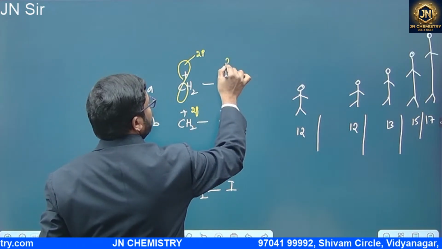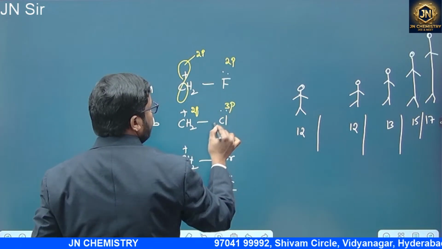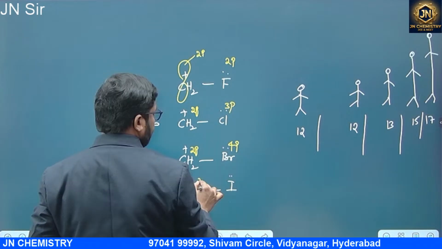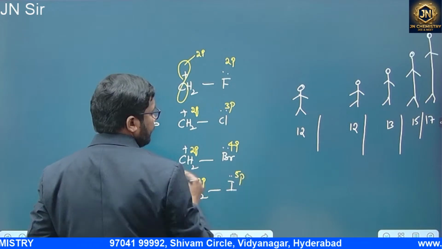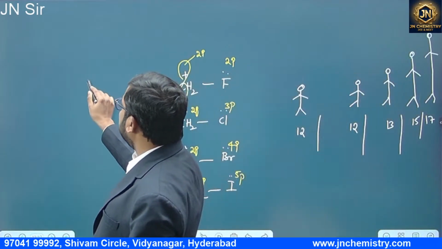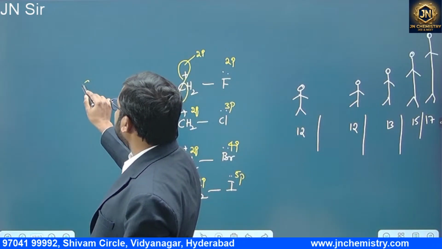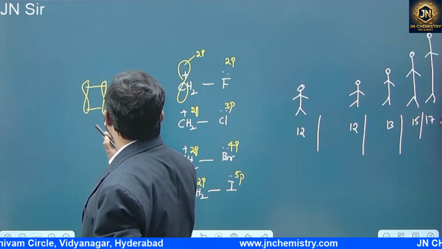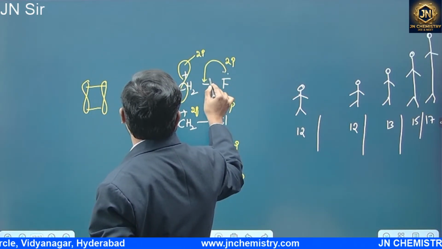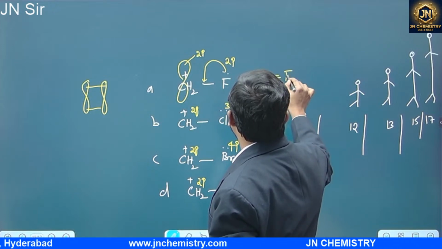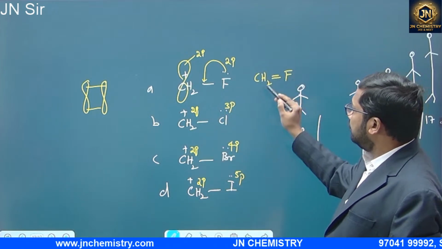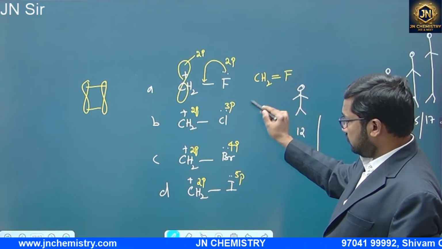Here is 3p, 4p, 5p. So which is more? 2p. If it is coordinating the bond, strong bonding is forming.